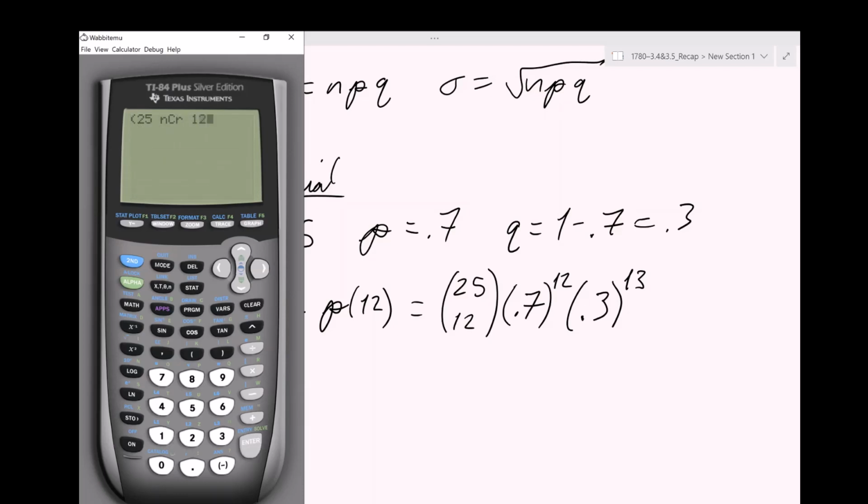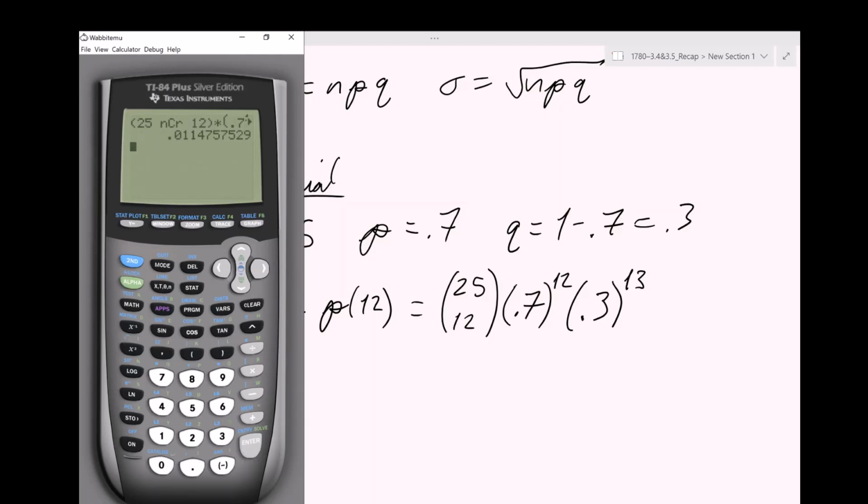Choose 12 times 0.7 to the 12. I'm going to put that in parentheses to be careful. 0.7 to the 12. Now let's get out of that exponent to close my parentheses. And then I want to multiply by 0.3 to the 13. Get out of that exponent, close my parentheses.